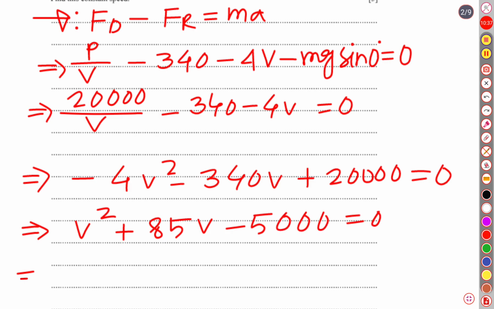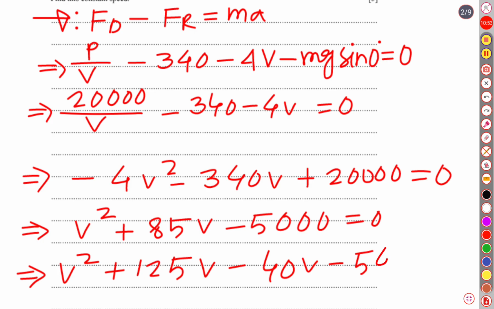Now if we expand this, V square plus 125V minus 40V minus 5,000 is equal to 0.